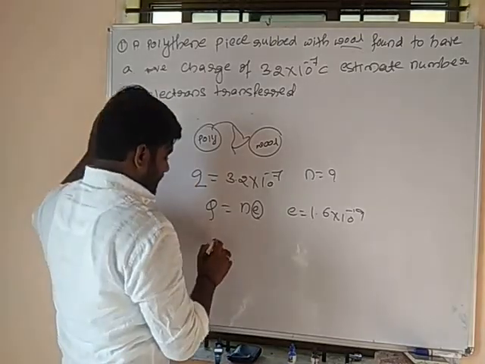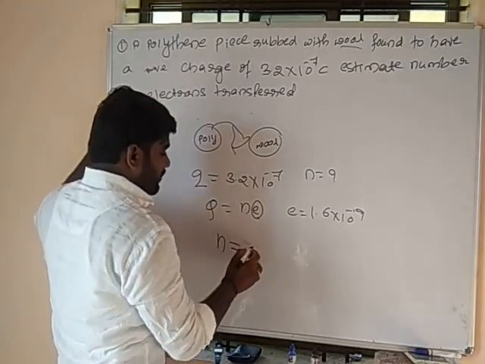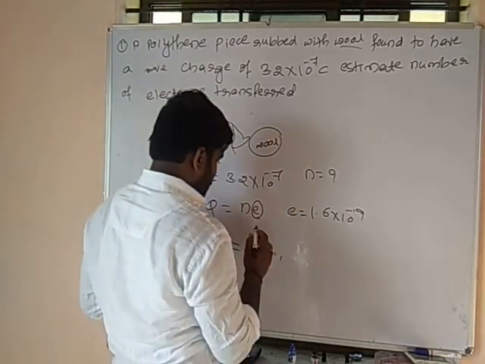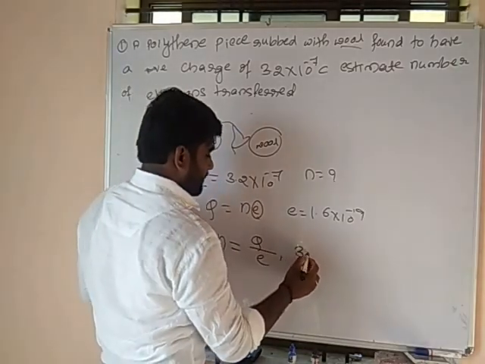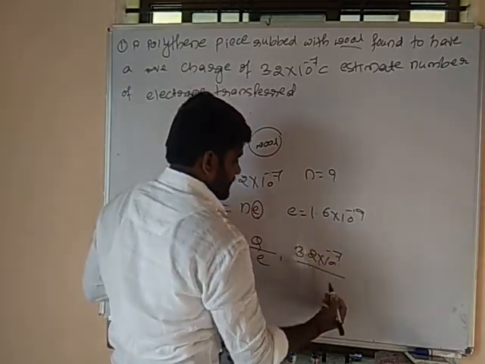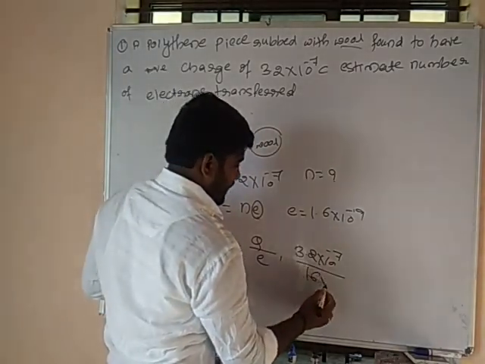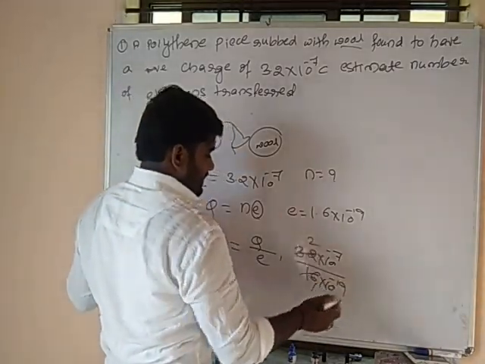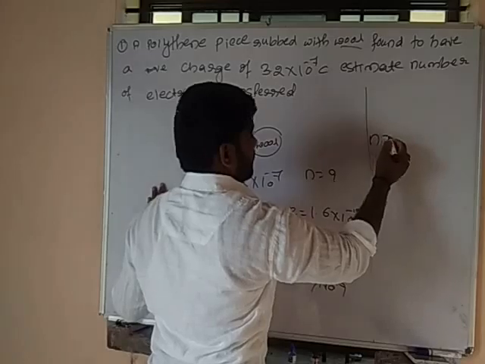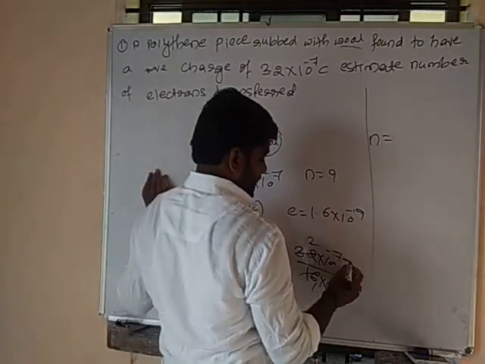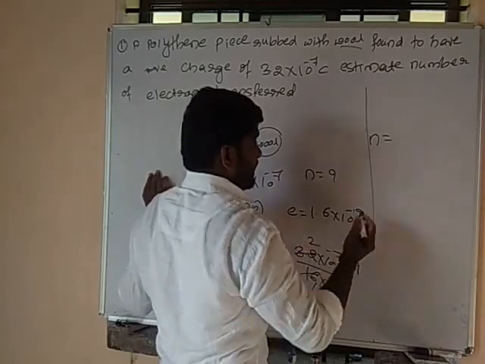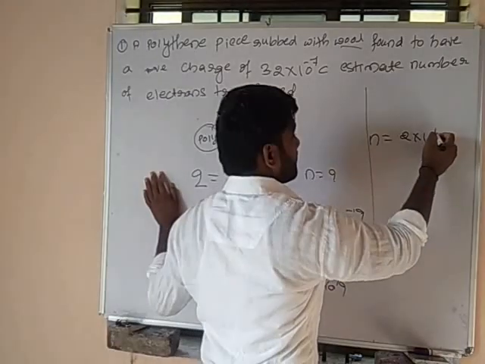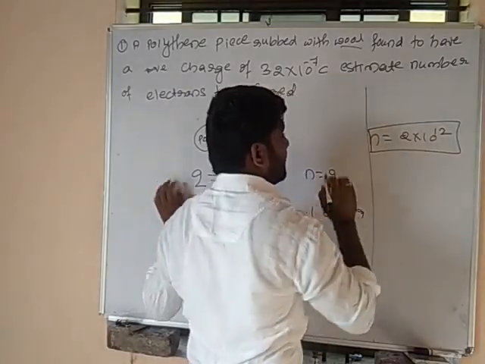Then N can be written as N is equal to Q divided by E. So N is equal to 3.2 into 10 to the power minus 7 divided by 1.6 into 10 to the power minus 19. Then N is equal to 2 into 10 to the power plus 12 electrons.